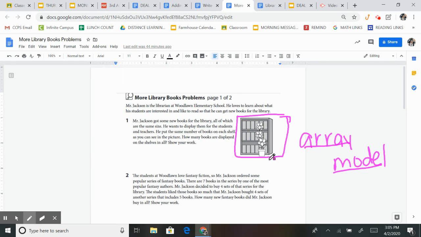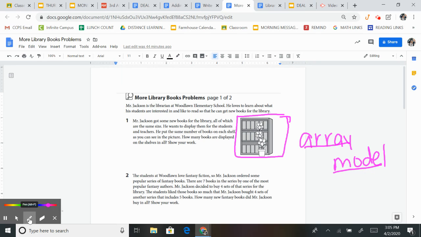And don't let this plant trip you up, because it said here it's the same number of books on each shelf. So if you can count how many are on the first shelf, it's going to be the same on shelf 2 and shelf 3, even if you can't see the book because of the flower pot. They are trying to trick you here. So be stronger than the problem and use your array model knowledge here.